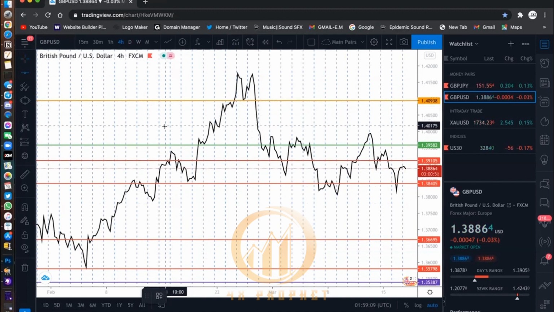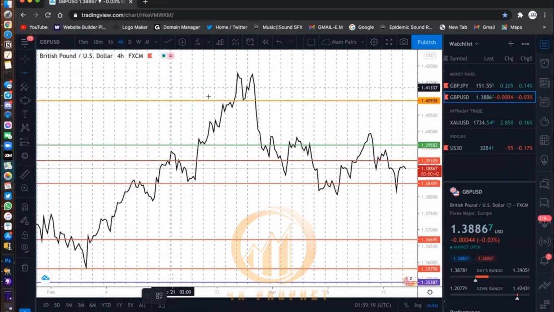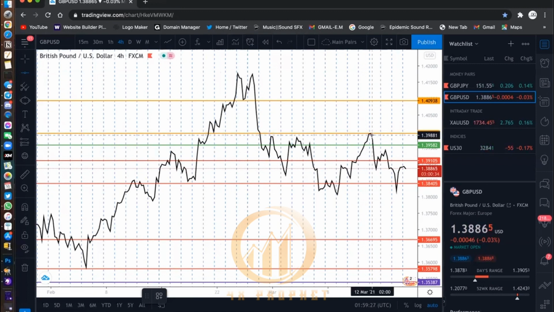There's another level right here. Let me ask, oh shoot, sorry. Let me ask why. And that's because we have right here, it acted as a support. Right over here, it acted as support. Right over it acted as resistance. All right, we have some little gap areas right here. All right, here's another level.